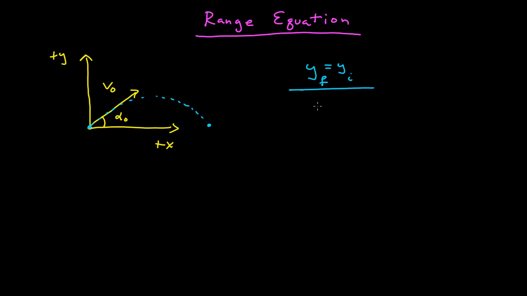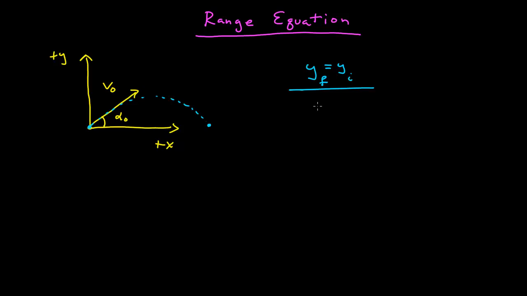Now we are seriously limiting our range of applicability, but you can see why this is useful. You can use the range equation as long as it's not too far, flat Earth approximation and all that. Of course, we're neglecting air resistance, but if you're launching something from the ground and it comes back to the ground, then something like the range equation would be applicable.